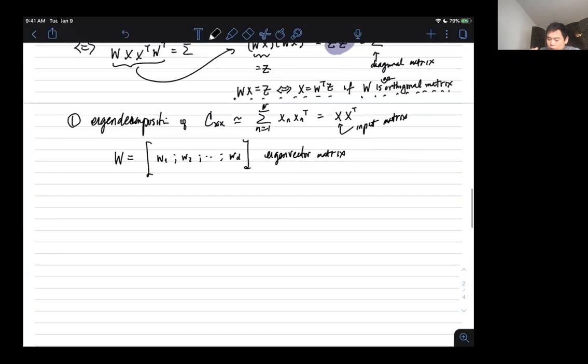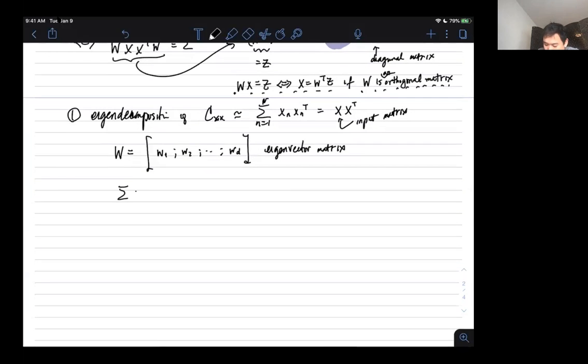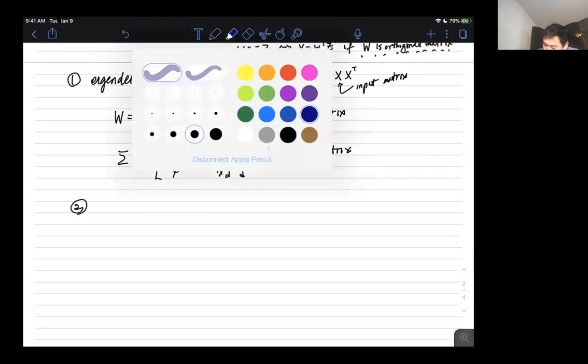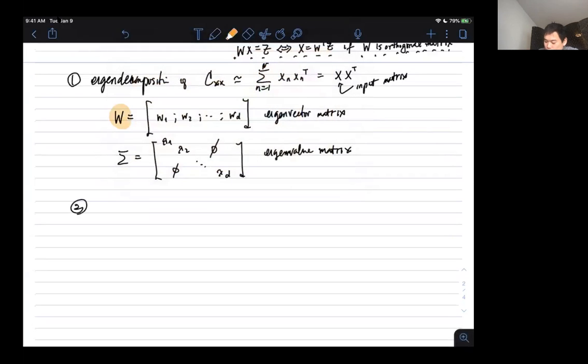And then as part of this eigen decomposition, we get a sigma as well, which is going to be a diagonal matrix with the eigenvalues, all zero elsewhere, and then this is the eigenvalue matrix. And then by doing so, we already got our W matrix. So this is identical to the W matrix that we wanted to find.